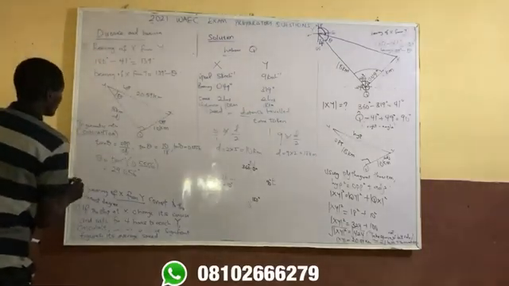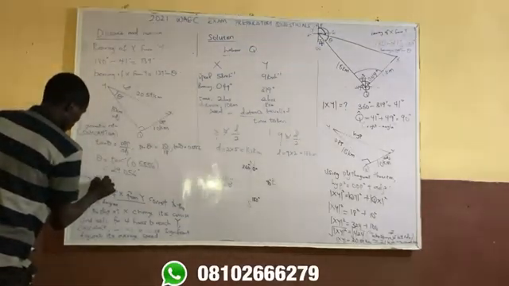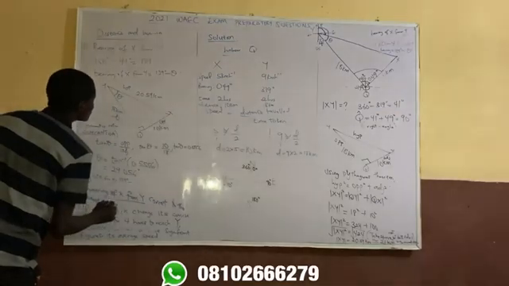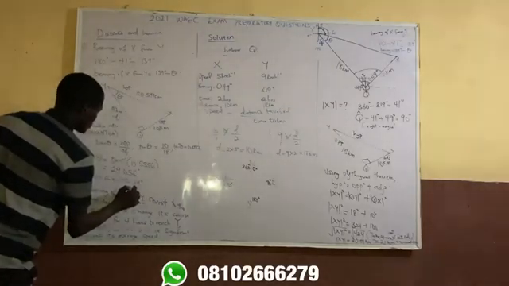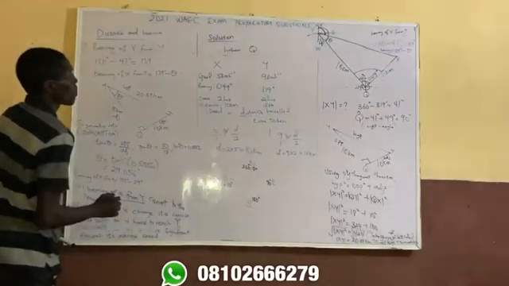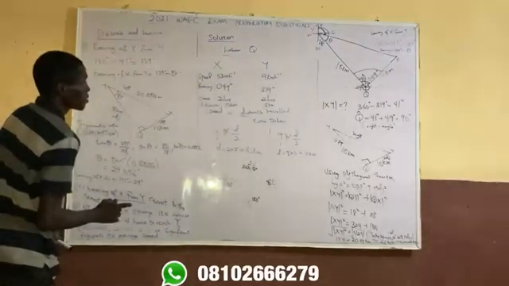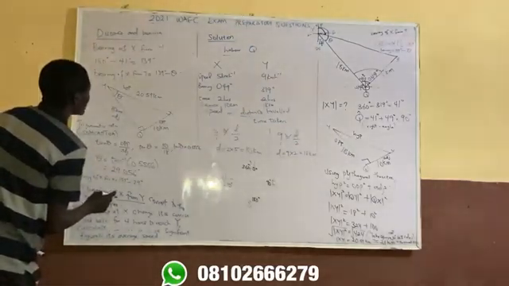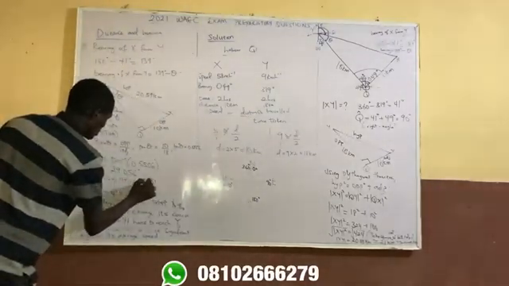Then your bearing now. Remember that your bearing of x from y is equal to 139 degrees minus 29.056 degrees.